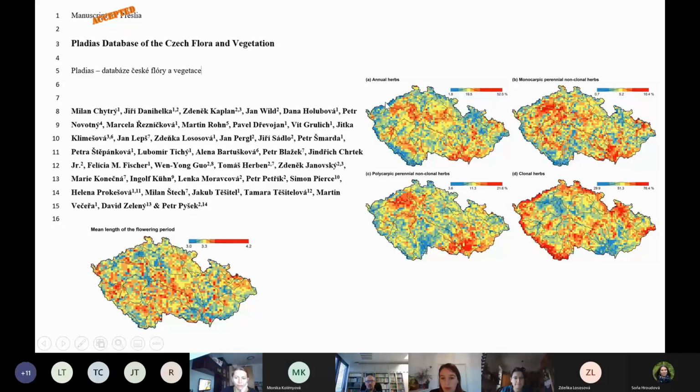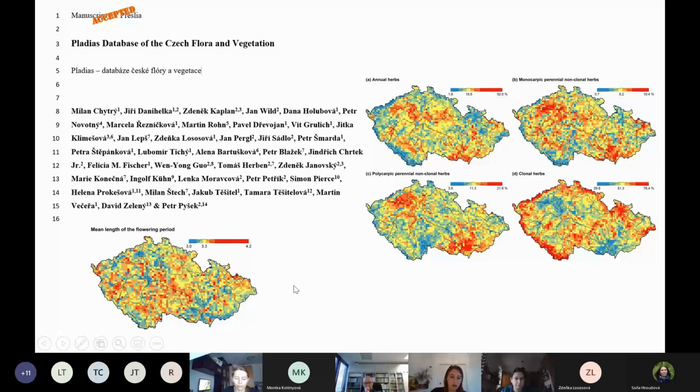So we have binary traits, for example here annual herbs, which is the proportion of annual herbs in the map. But we also have quantitative traits, like the mean length of the flowering period.